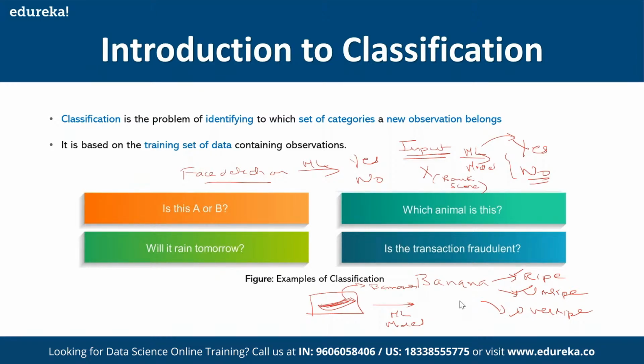How many categories are there in this problem? Have I defined any category in this problem? Yes, 3 categories. The key word here is I defined that my banana can be classified into 3 categories. So this is a technical word.